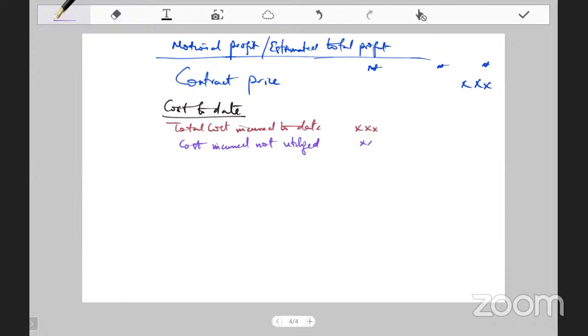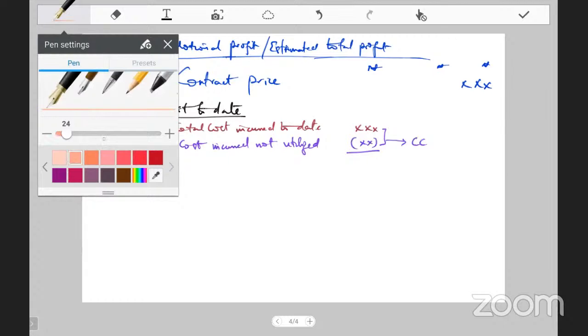For example, you might have some raw material you have bought and paid for, but you have not used. So those values will be taken off, and that gives us what we call cost to date. The difference between these two will give me cost to date.